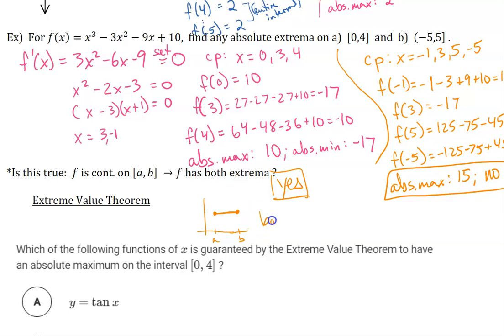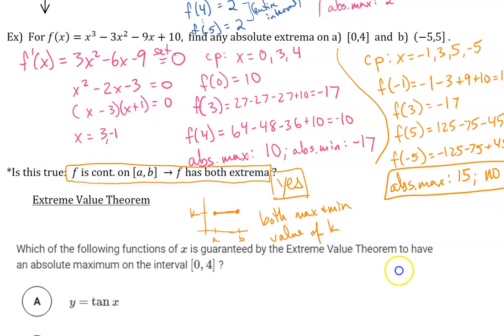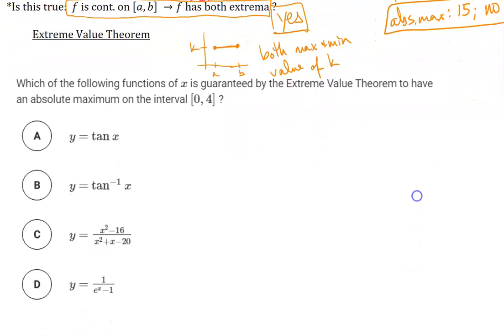This has both a max and a min value of k, whatever this height is. By our definition, k is greater than or equal to every other value on this interval, and also less than or equal to every other value on the interval. So the extreme value theorem is just this statement: if f is continuous on the closed interval, then f has both extrema.